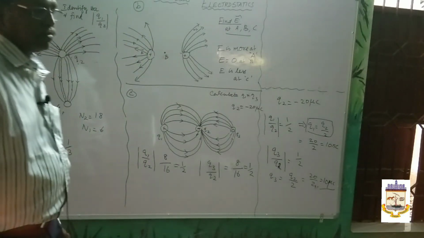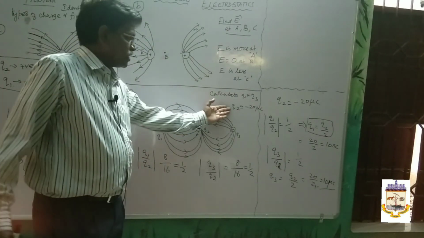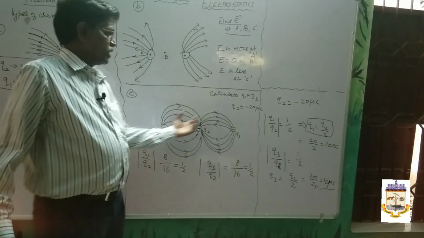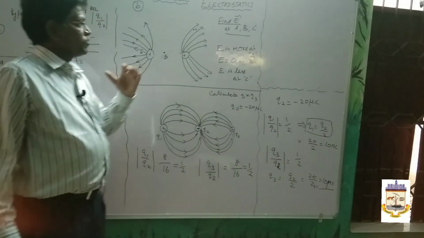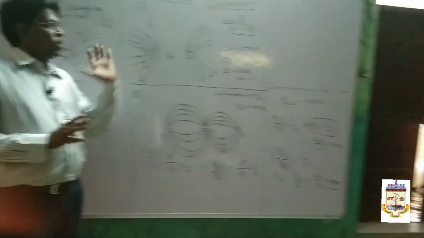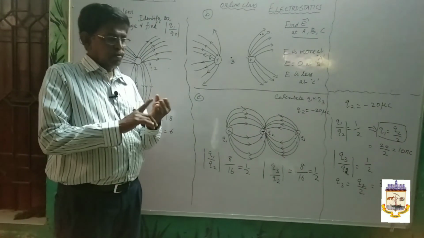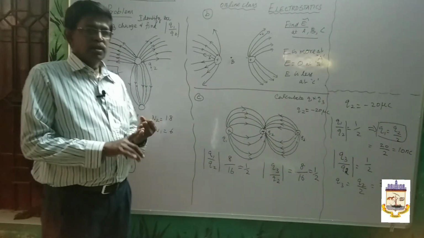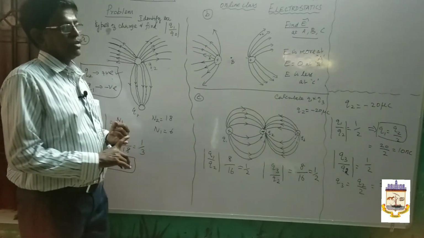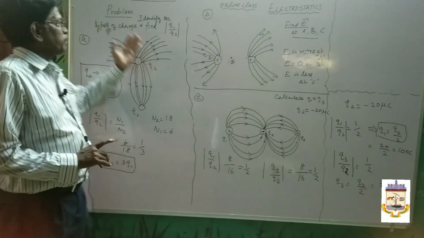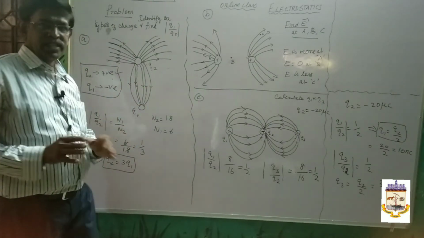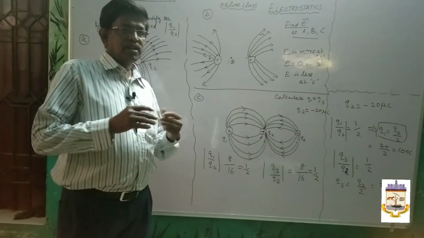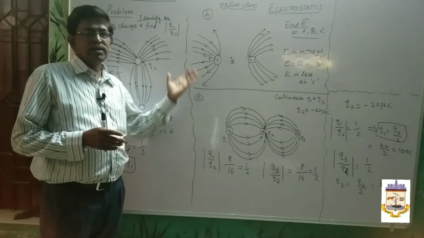So we have found that one charge value is given, and we have found the values of the other two charges. Okay students, we have seen today first about the electric lines of force, the rules regarding the electric lines of force, then the problems involving the electric lines of force. We will meet in the next class and we will see about the dipole in the next class.